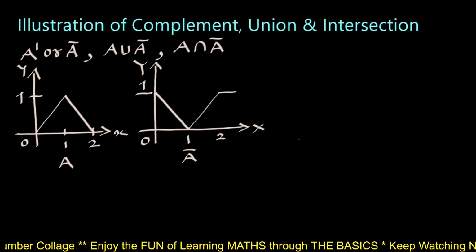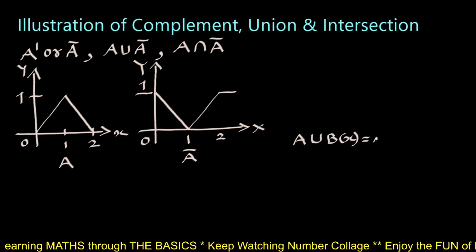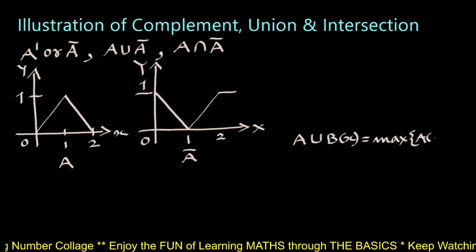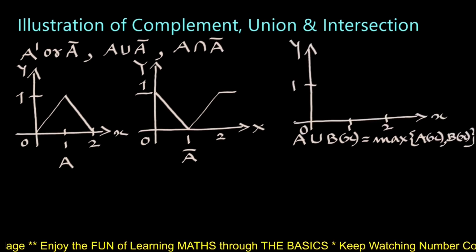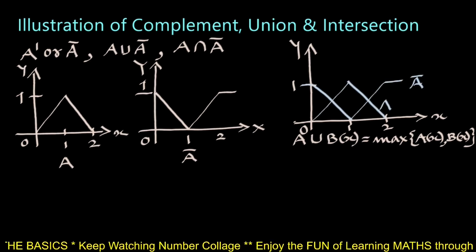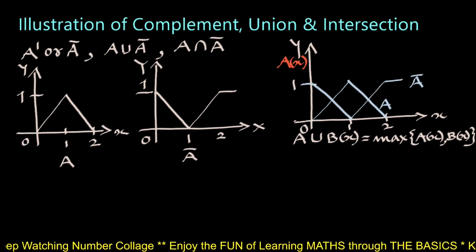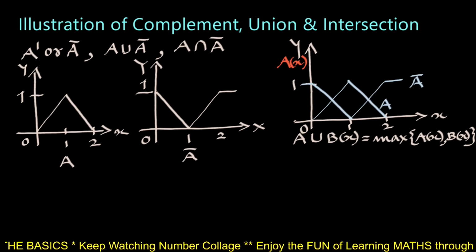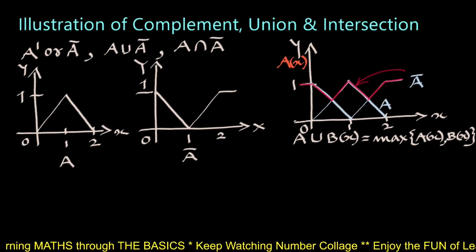We have seen the union of A and B of X to be the maximum of A of X and B of X. This can be shown by superimposing fuzzy set A bar on fuzzy set A. So the union will be the maximum of A of X and B of X, which can be shown by this upper part of the diagram marked in red ink.